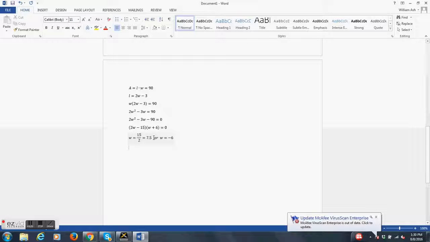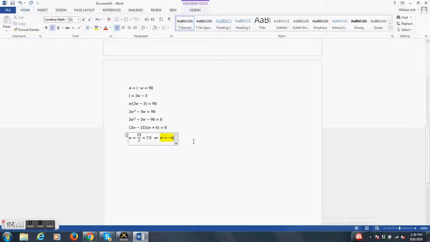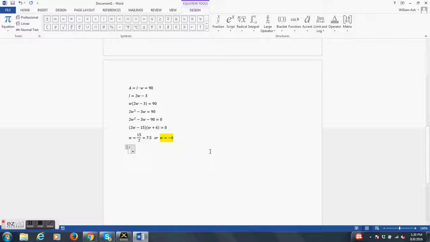Okay, but I guess we're talking about an actual rectangle, right? So -6, we can throw that out, right? Because the width is not going to be -6. So the width is 7.5 meters or whatever. Okay, so the length is just plug that 7.5 into here, right?